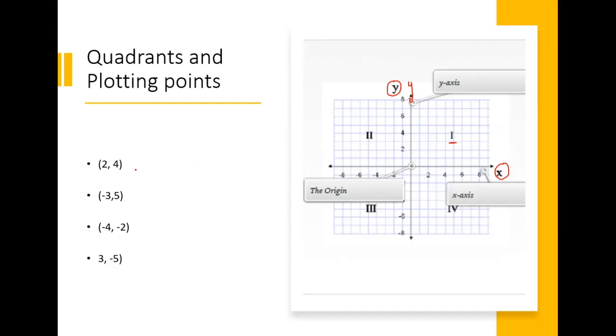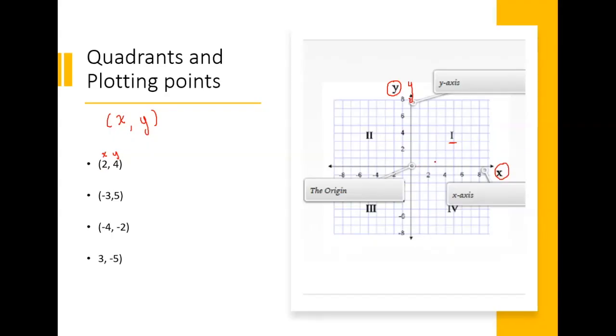So let's look at this first. When we're plotting points, my points are laid out like this: I have my x coordinate and my y coordinate. We call them coordinates, just like if you were doing Battleship. If you haven't played that, then that's not a very good reference. This is my x and this is my y value. So this is my x-axis.